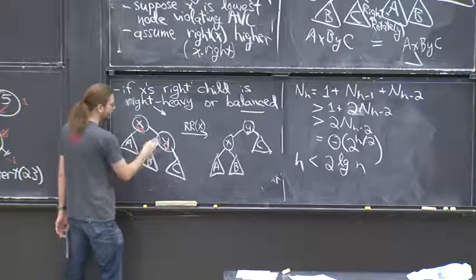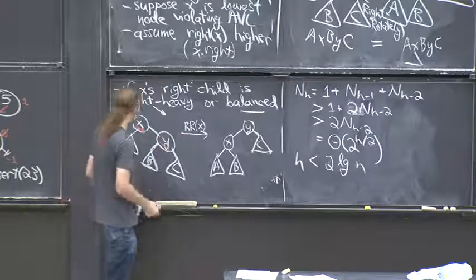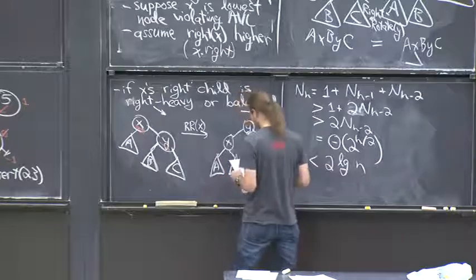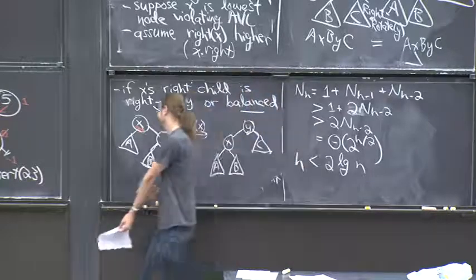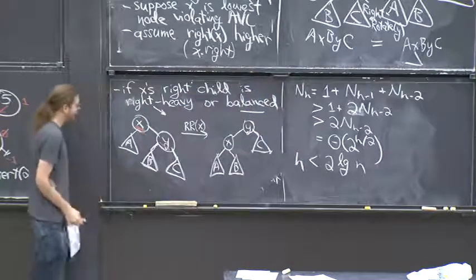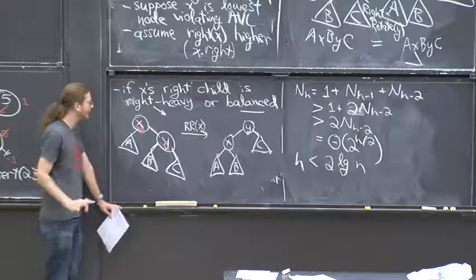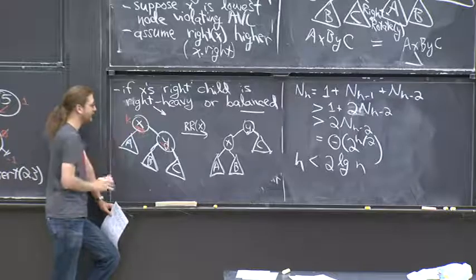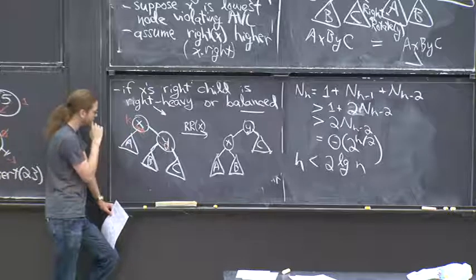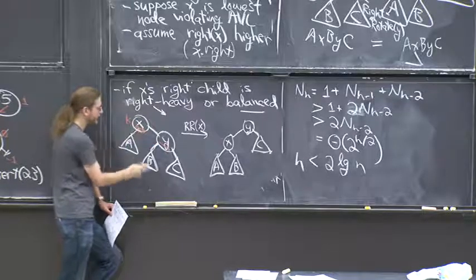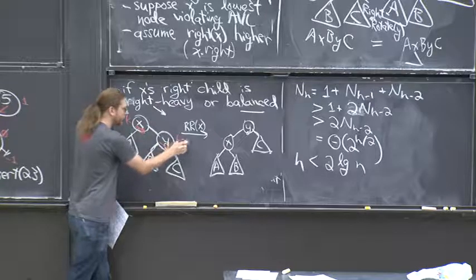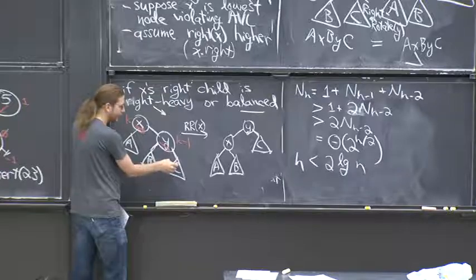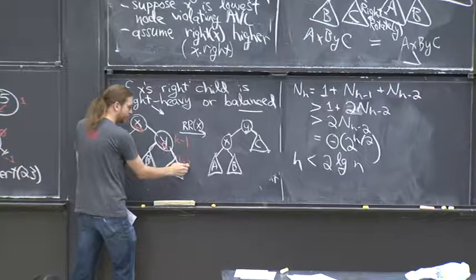So when we do this rotation, what happens to the heights? Well, it's hard to tell. It's a lot easier to think about what the actual heights are than just these arrows. So let's suppose x has height k. That's pretty generic. And it's right heavy, so that means y has height k minus 1. And this is right heavy, so this has height k minus 2.